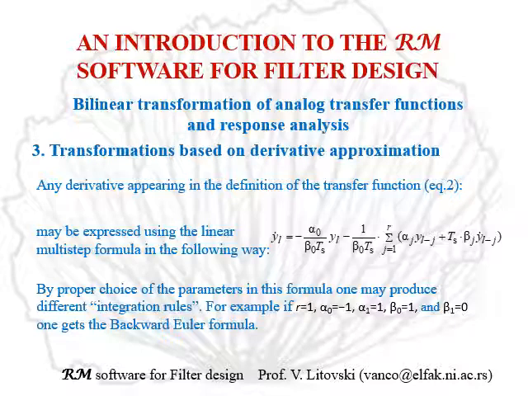For example, if r equals 1, alpha 0 equals minus 1, alpha 1 equals 1, and beta 0 equals 1 with beta 1 equals 0, one gets the backward Euler formula.